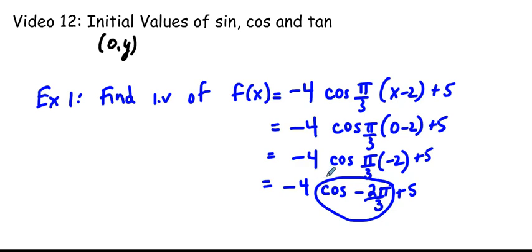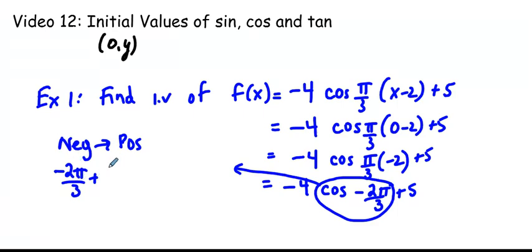The first issue here, so I'm just going to go off to the side, is that the angle is negative. Because the angle is negative, and I'm trying to avoid using a calculator as much as possible, in one of the earlier videos I showed you how to go from a negative angle to a positive angle, the coterminal. All you need to do is add 2 pi. I want to add 2 pi with a denominator of 3, which is like 6 pi over 3.